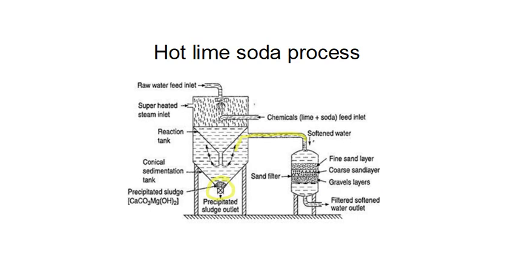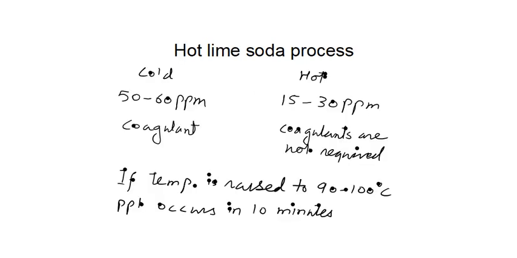So this is about the hot lime soda process, a simple schematic diagram. The advantage of this process over the cold lime soda is definitely there, and thus the hot lime soda process is preferred over cold lime soda process.